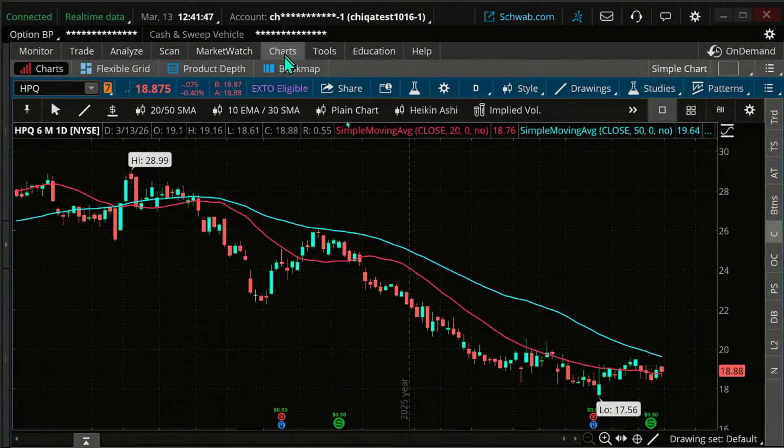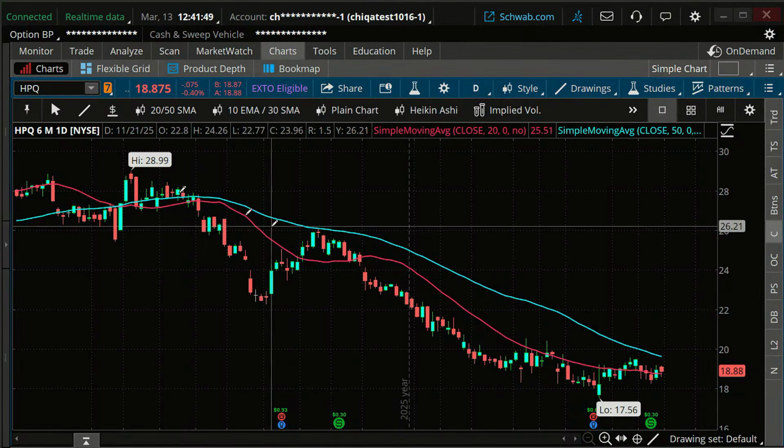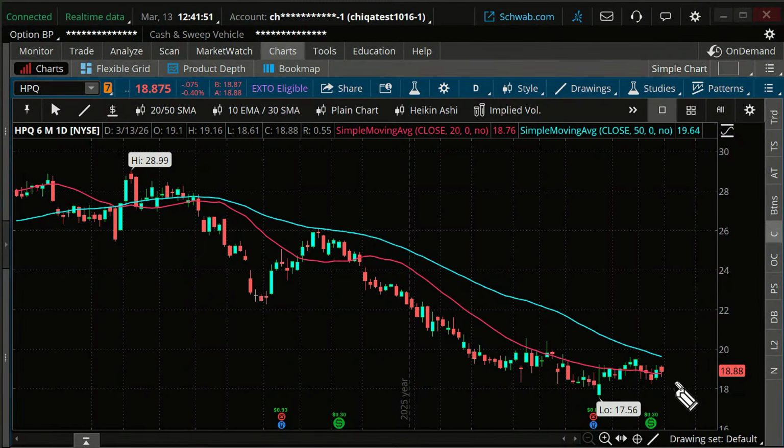Let me just look real quick. 17.5 and 19. Does that fit with what our technical approach is? Do we think this, from a technical standpoint, is likely to end up in this zone there? So there we go.